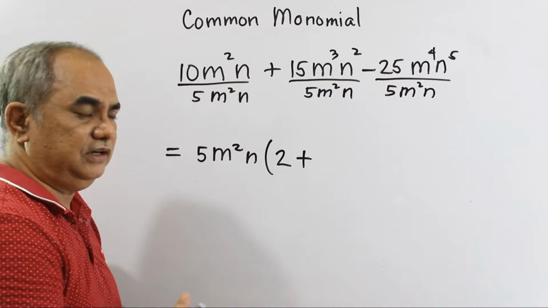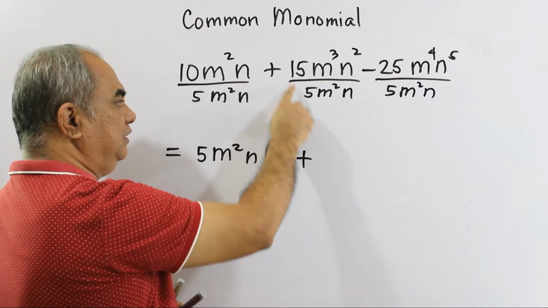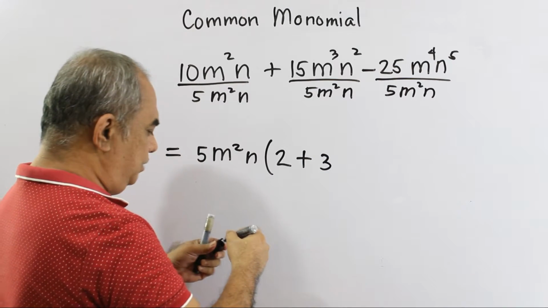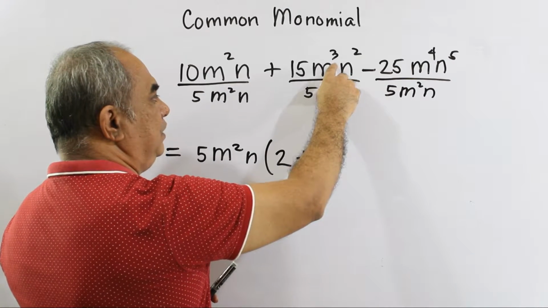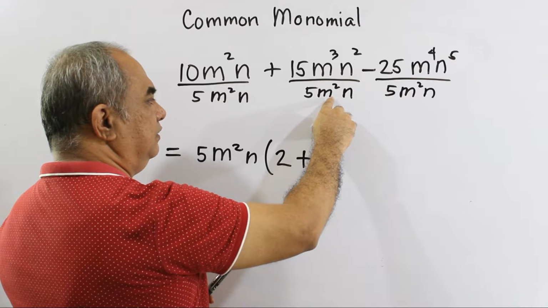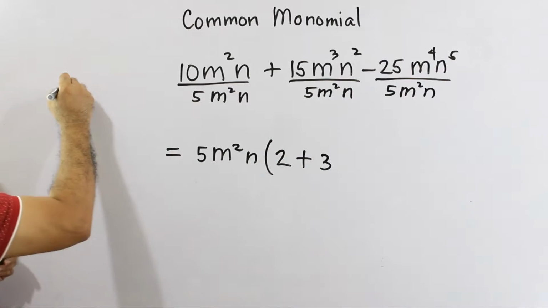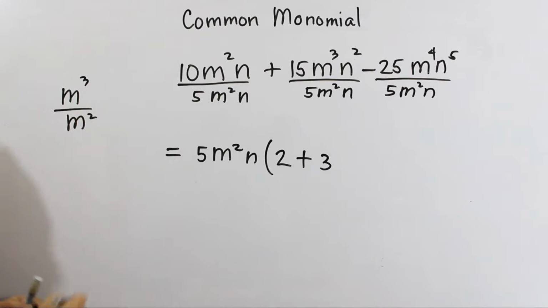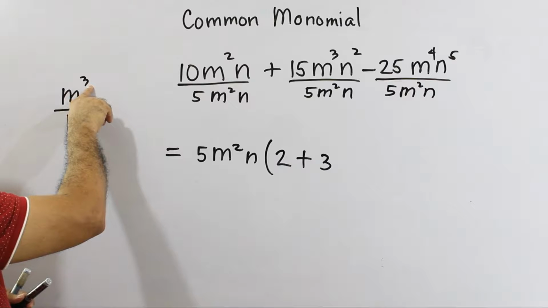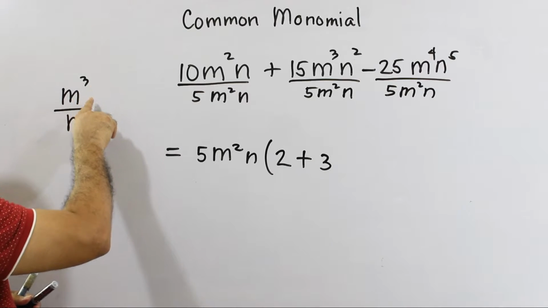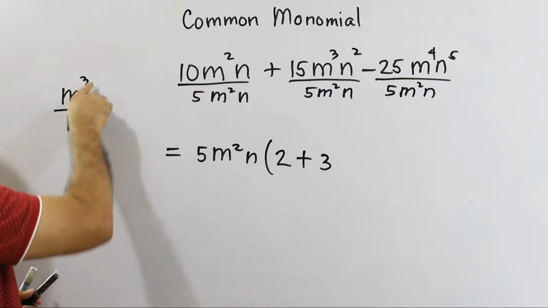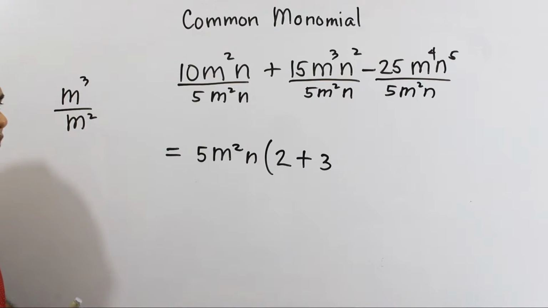This time we start again with the constant. 15 divided by 5 will give us 3. Now how are we going to solve for m? M cubed divided by m squared. Let's have a scratch here. How are we going to answer this? You simply have to subtract 3 minus 2, and the answer is 1.